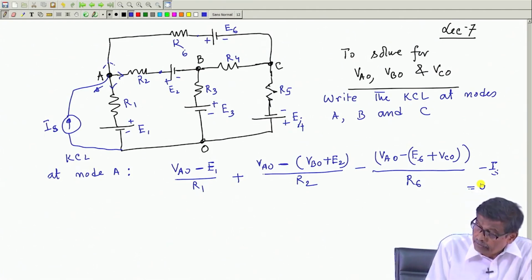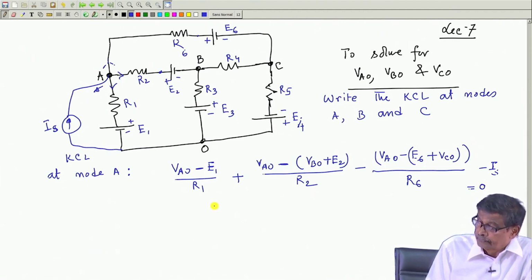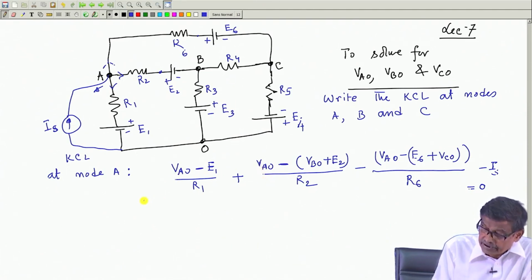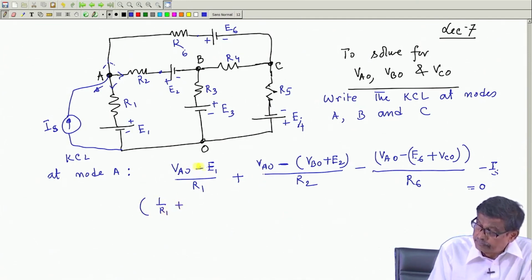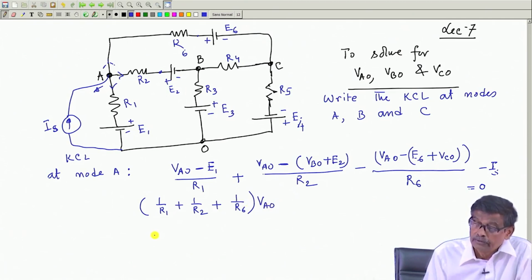Now, if you collect the coefficients of VAO, it can be written as 1/R1 plus 1/R2 plus 1/R6, into VAO. What is the coefficient of VBO?